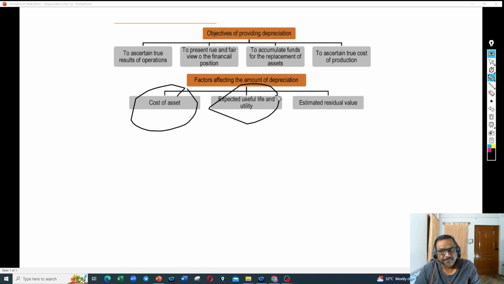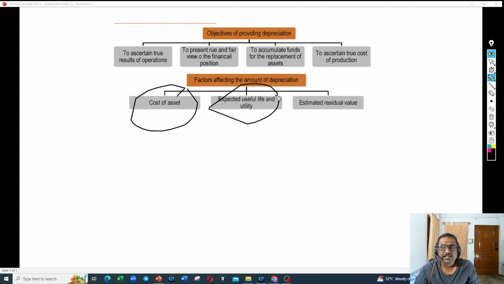They will decide and they will let you know. So as soon as you buy that machinery for producing a product, you should get to know what is the estimated useful life. Once you know that useful life, for 10 years or 15 years or 100 years, you can calculate the depreciation accordingly. So for calculating depreciation, you have to have estimated useful life of the asset.